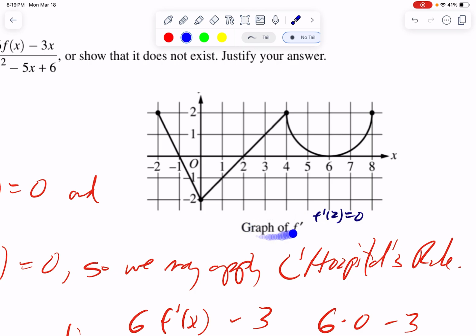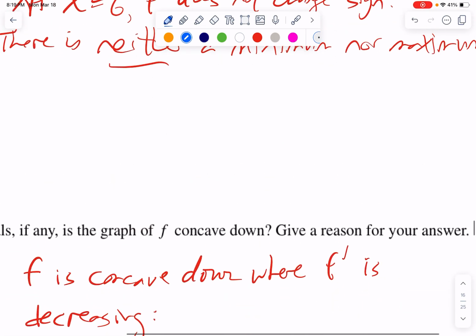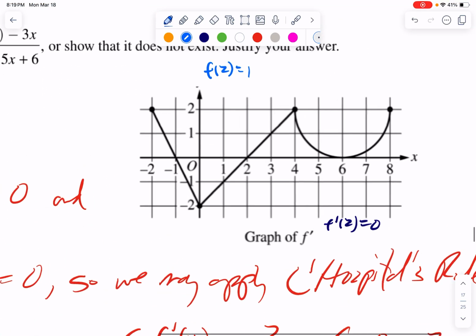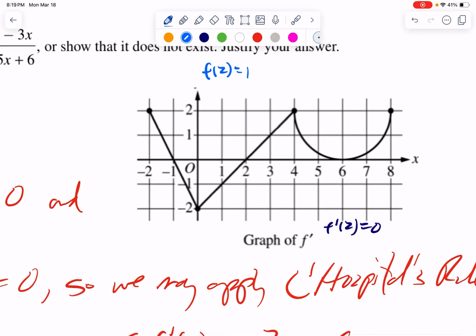They're giving you a graph of f prime and one piece of information about f, that f of 2 is equal to 1. Let's double check that we read that correctly. And we want to find other values of f. No one is asking you for a formula for f, so don't try to find it. You are being asked for specific values of f.